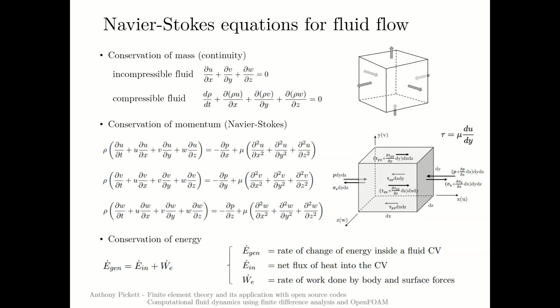This slide summarizes the equations for these different conservation laws. So first of all, equations for the conservation of mass, then conservation of momentum, and then conservation of energy. If we look at mass, first of all, we have a control volume. We know that mass cannot increase or reduce within this volume over time.